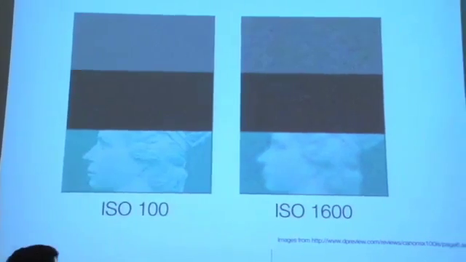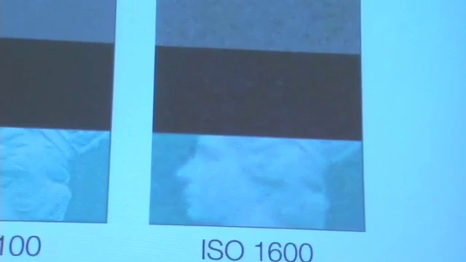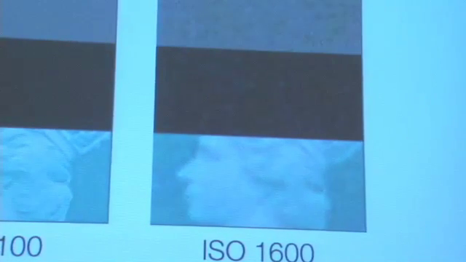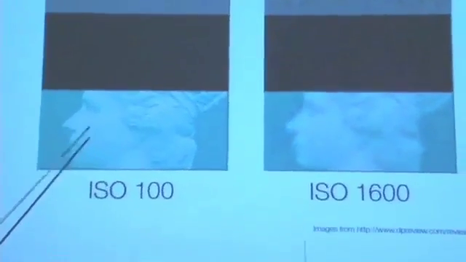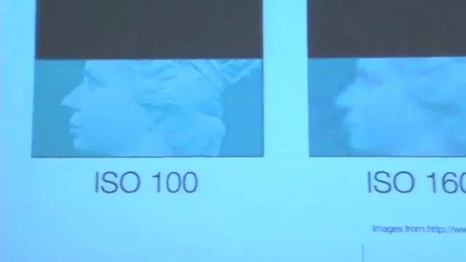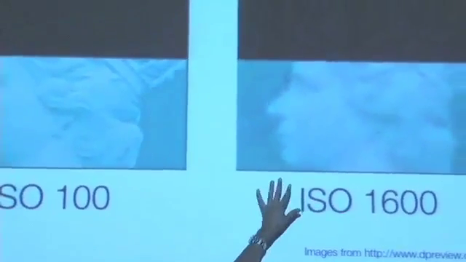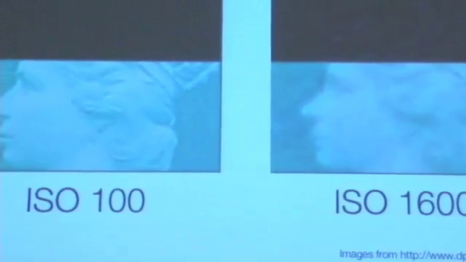But using 1600, you might quickly learn that you don't really want to use it all that much, because not only are you getting all this additional noise, but even if you look at this actual example of a photo, you can see that it becomes a lot splotchier as the camera tries to combat that noise. So there's additional things going on as well, where the camera will try to reduce the amount of visible noise, and in doing that, it'll actually throw away some of the detail that exists in the photo.